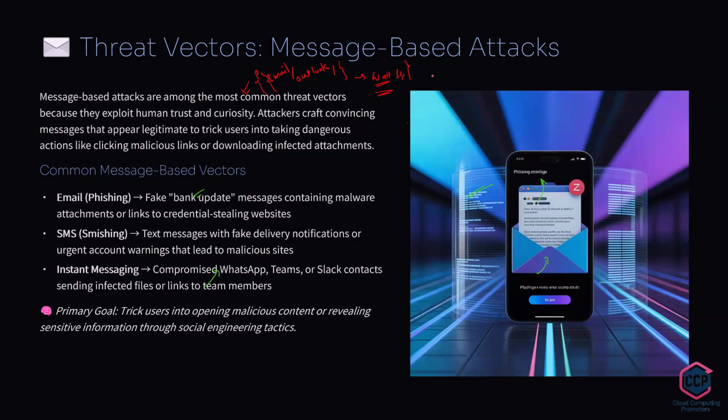where an attacker randomly targets you, or randomly sends you some messages, and he'll try to interact with you. He'll try to gather information, and then he'll send you some links.